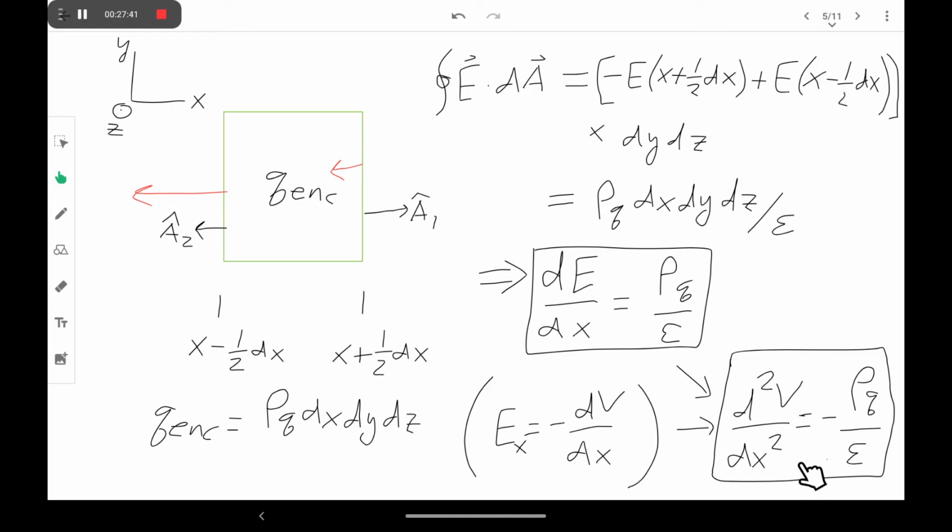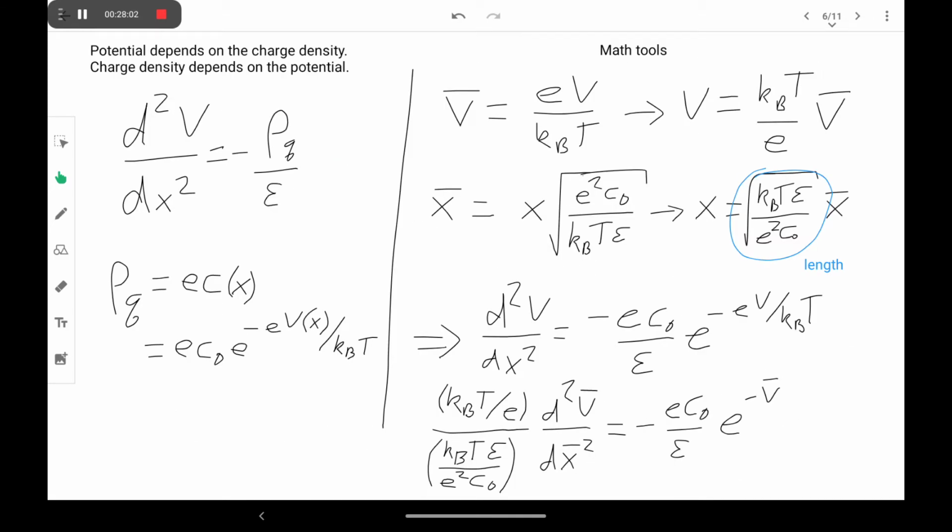That's kind of our goal. So now that we have this equation, we're going to want to try and solve it. So first thing to do, let's figure out what we can do with this density equation. That's where we're going to go next.